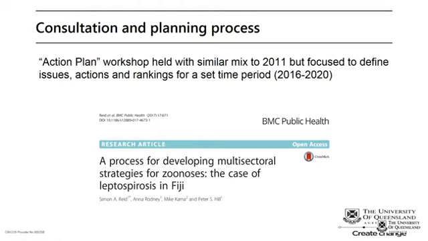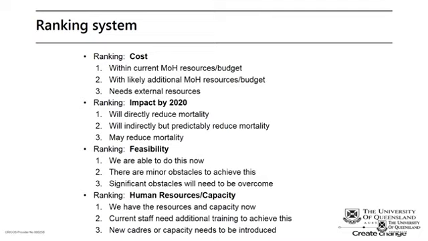So we then finally ran a workshop, and we tried to then reimagine how to look at this problem based on our understanding of the system. And we came up with a structure that was sort of similar to our previous action.